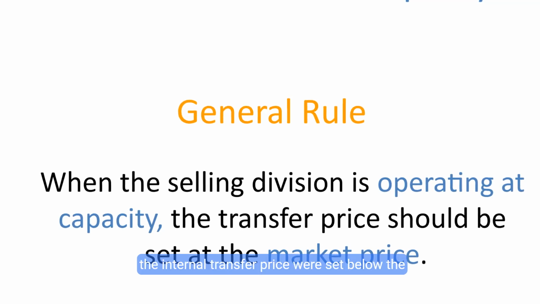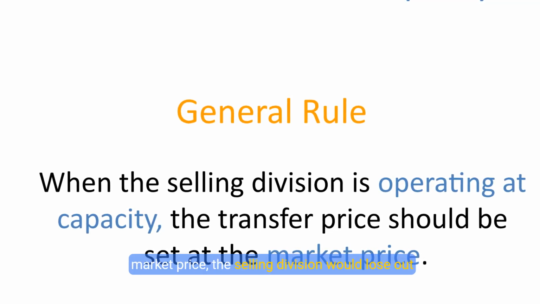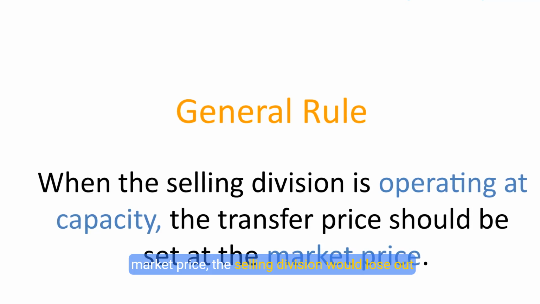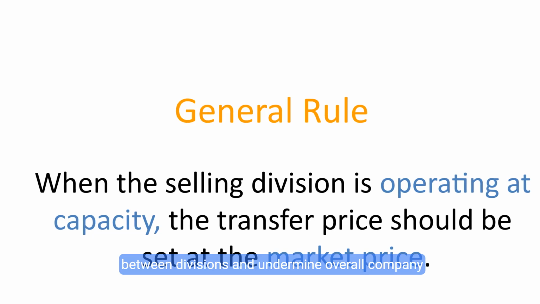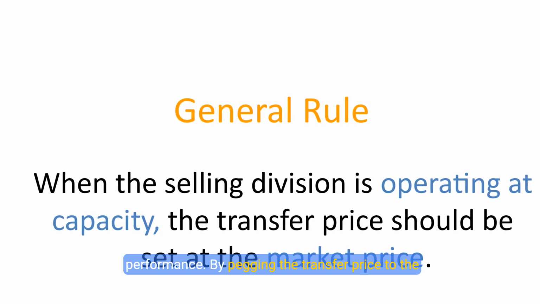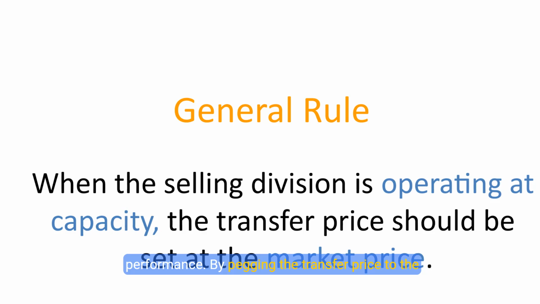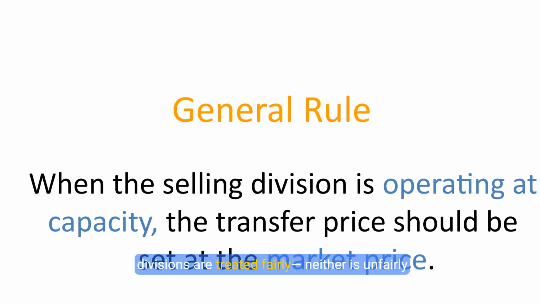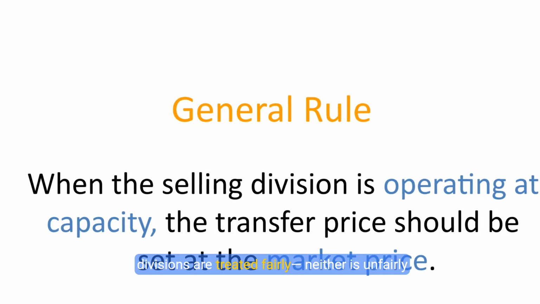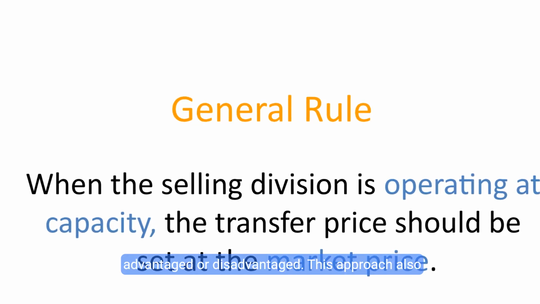If the internal transfer price were set below the market price, the selling division would lose out on potential profits, which could create tension between divisions and undermine overall company performance. By pegging the transfer price to the market price, both the selling and buying divisions are treated fairly. Neither is unfairly advantaged or disadvantaged.